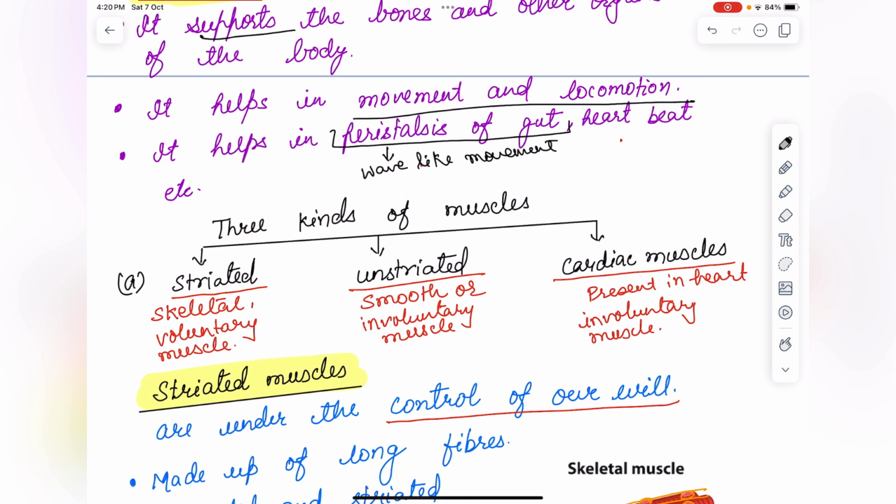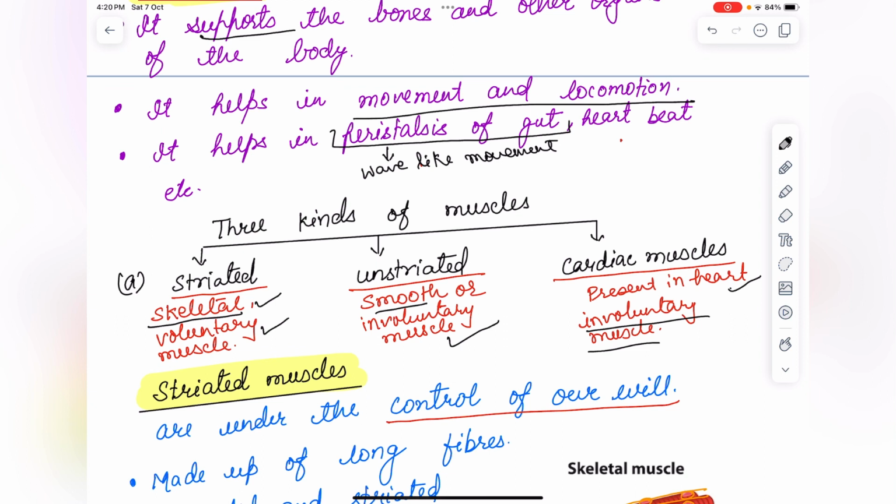Striated muscle is also called skeletal muscle and it is voluntary muscle. Unstriated muscle is called smooth or involuntary muscle. The third one is cardiac muscle, which is only present in the heart, and it is involuntary muscle.